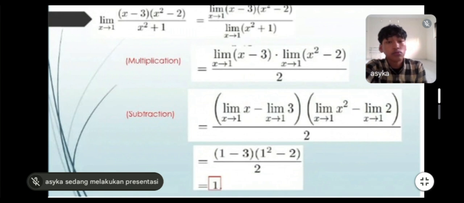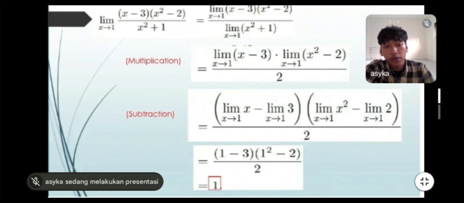And we use the multiplication theorem. The limit as x approaches 1 of (x minus 3) times the limit as x approaches 1 of (x squared minus 2), over 2, and then we use the subtraction theorem.